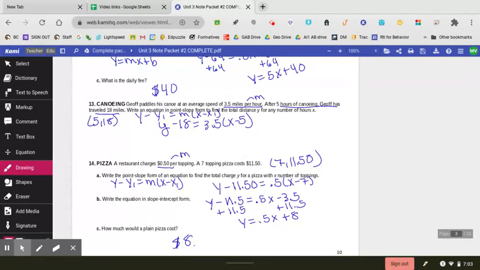So I use y minus y1 equals m times (x minus x1). So it's y minus 11.50 equals 0.5 (x minus 7). The equation in slope-intercept form is then y equals 0.5x plus 8, meaning a plain pizza would cost $8. If you have any questions, please bring them to class tomorrow.